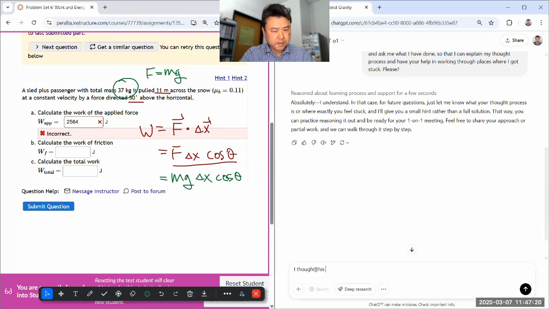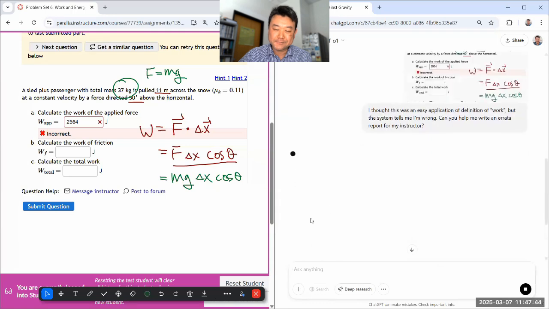I thought this was an easy application of definition of work, but the system tells me I'm wrong. Can you help me write an errata report for my instructor?